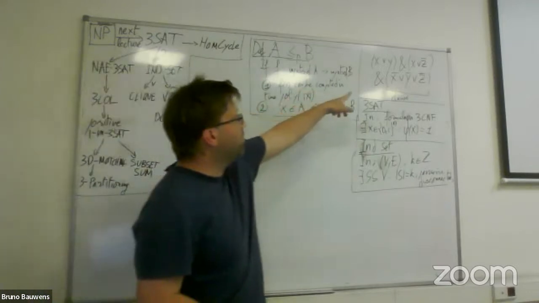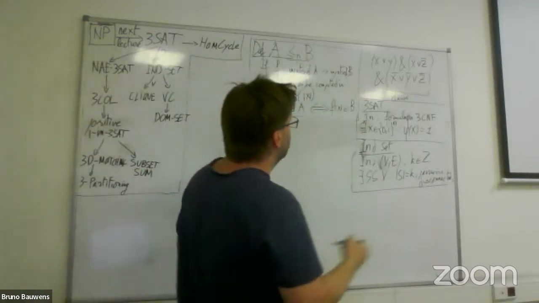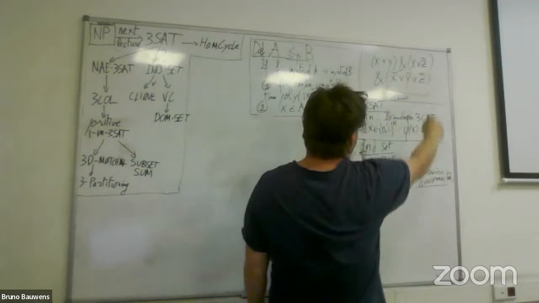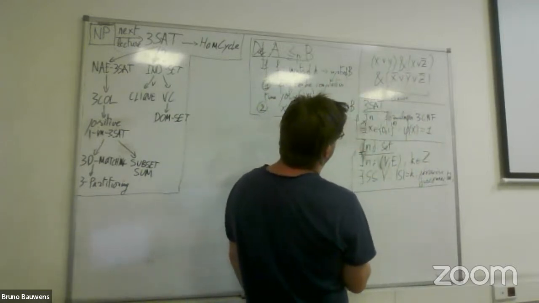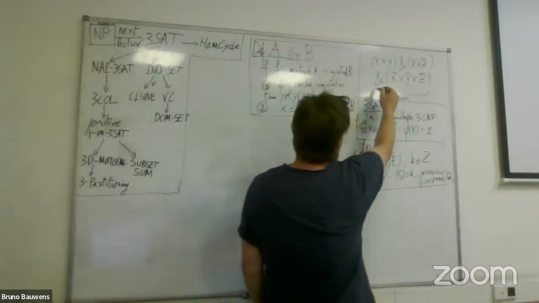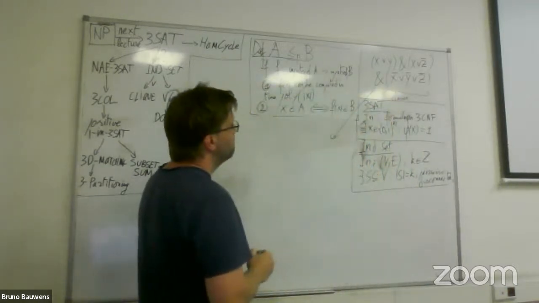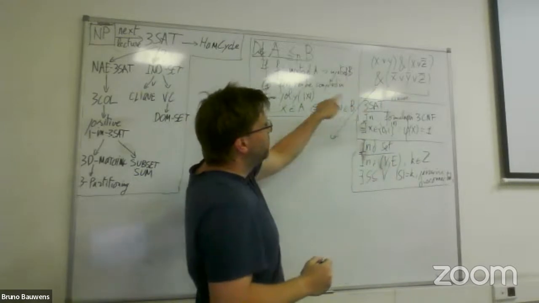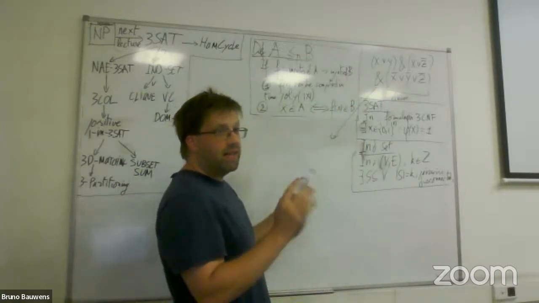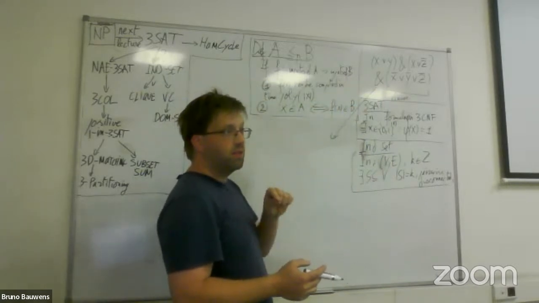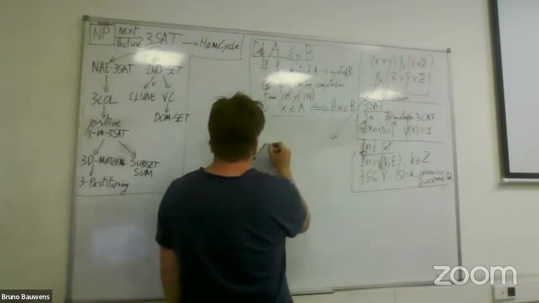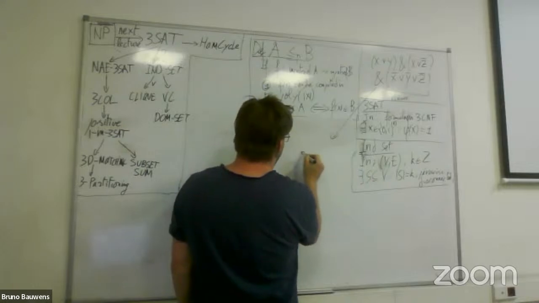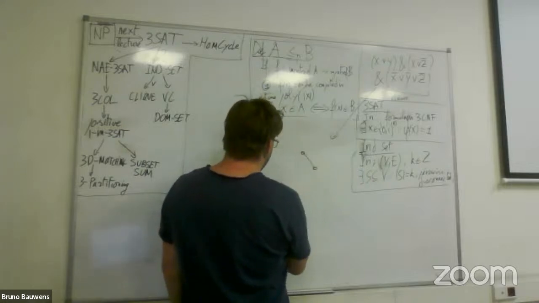I will go from top to bottom and draw the graph. For every clause, we will have a clique, and the size of the clique is the number of literals in the clause. So we have 2 cliques of size 2 and 1 of size 3.